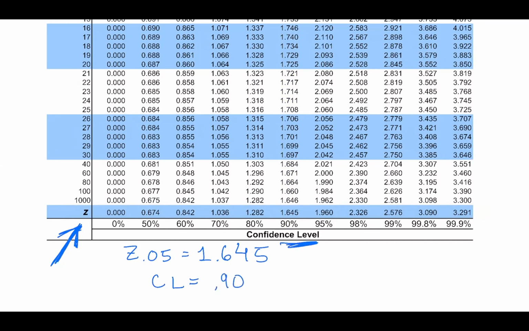If you look right here, you see how it says confidence level? And then if you look right here, it says 90%. So you go 90% and you get the number on top and you get 1.645. All right, but that's how you get 1.645. Any question on how I got 1.645?